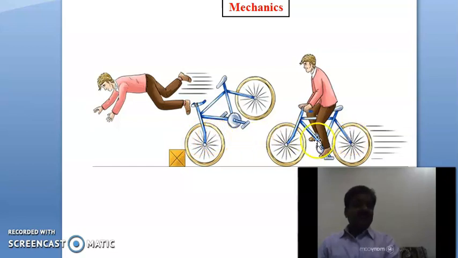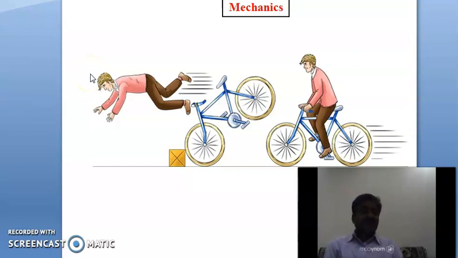I mean, the uniform motion of the bicycle is retarded by the force exerted by this obstacle in the direction opposite to the motion of the bicycle. As a result, what happens? As a result, this man is going to fall down in the forward direction.